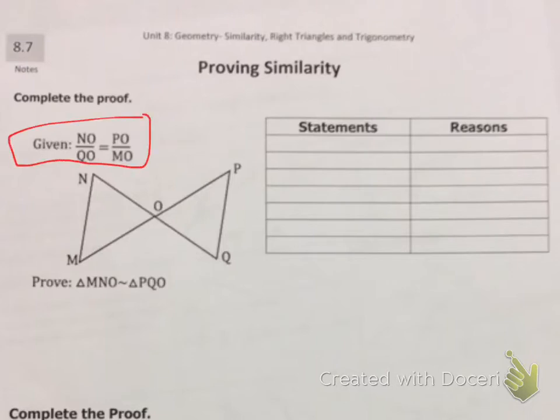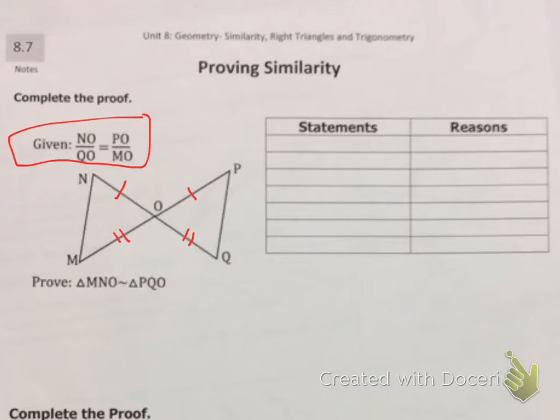It says given NO over QO is equal to PO over MO. So we know that N to O, so here, over QO is proportional to PO over MO. So that proportionality tells me that I have a relationship between those two sides.